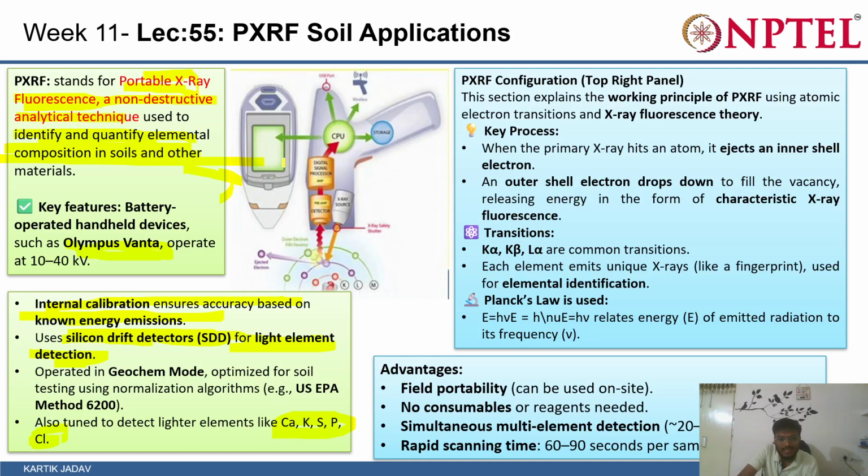And if you can see this figure, this is the instrument. The instrument has a source of X-ray that emits X-ray radiation. Whenever it emits, it strikes a particular targeted element, and that X-ray gets reflected back. And here we have a detector.